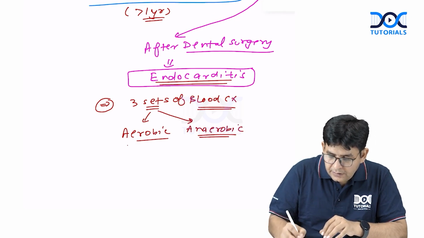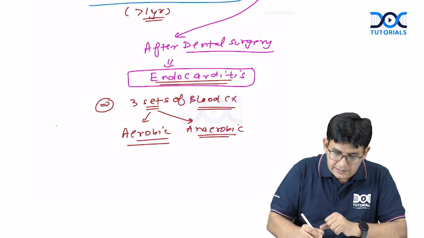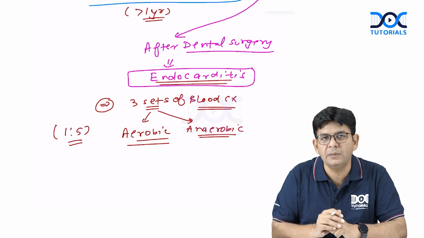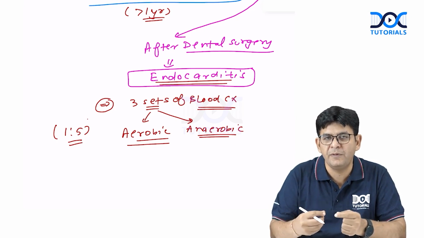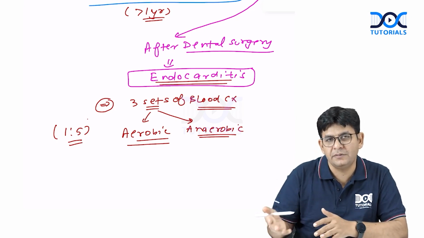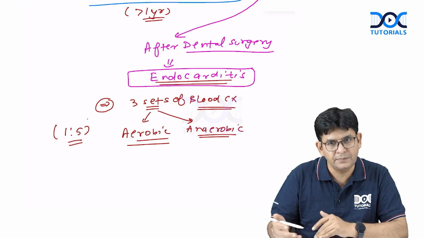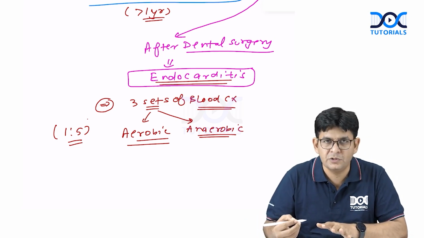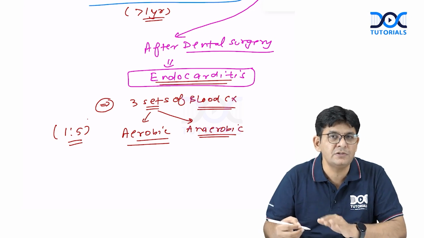And mostly nowadays, the ratio is 1:5. Suppose you have 5 ml of blood, you put it in 5 times that, which is 25 ml of culture broth, and the same for the anaerobic bottle also. Before it was 1:10, but now it is 1:5.